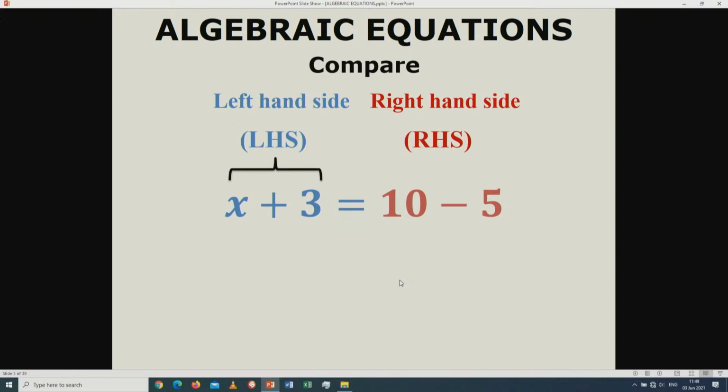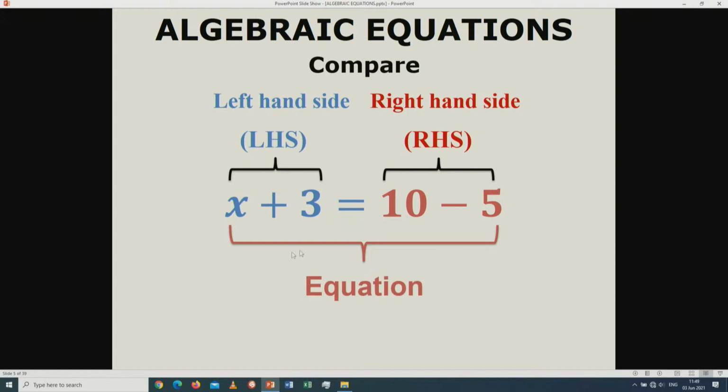We also have 10 minus 5 being our right-hand side. Right, and then the whole thing we refer to as an equation. Right, and then we also have x as the variable.